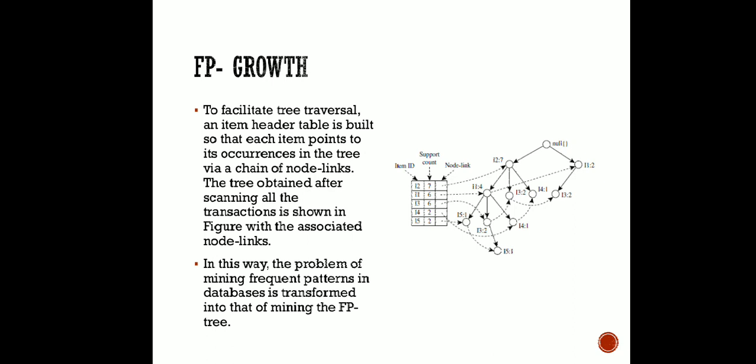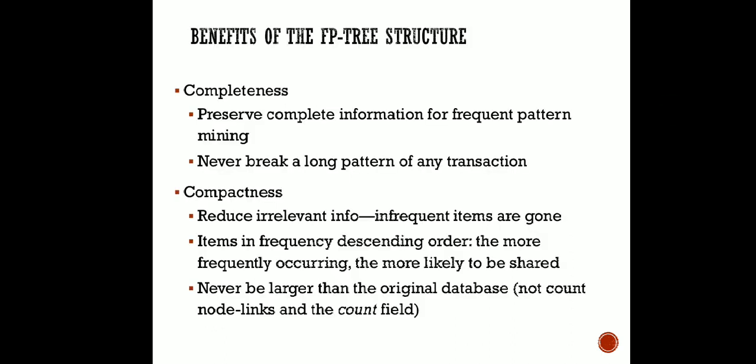Now we will see some benefits of this FP tree structure, and it follows two properties. One is completeness, another is compactness. It preserves complete information for frequent pattern mining. If we scan the database once and come up with the count values, we can build this tree structure, and from that structure only, with the help of the linked nodes, we can find out the patterns, and we are not discarding anything.